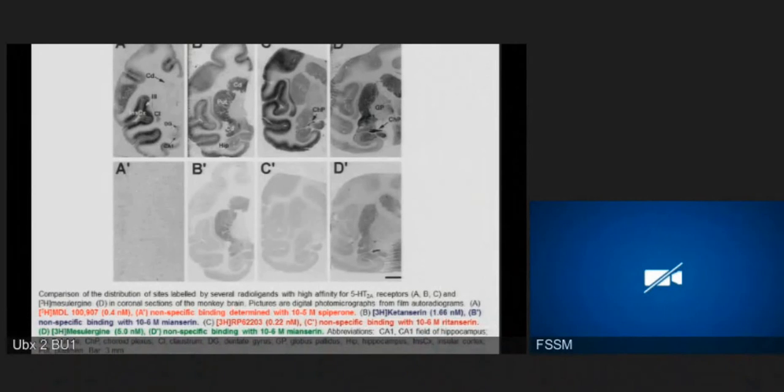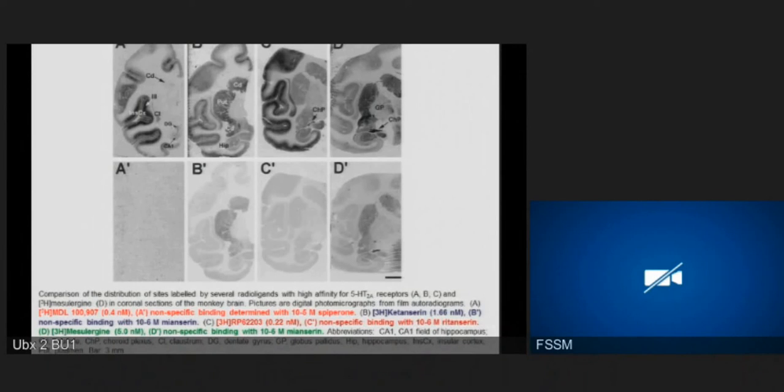In fact, we know that ketanserin is able to bind with high affinity on the tetrabenazine site, which basically corresponds to the monoamine vesicular transporter, VMAT, that we will see later. That's the reason why we have a huge labeling in the striatum, caudate putamen, and a faint labeling but still present in the cortex.